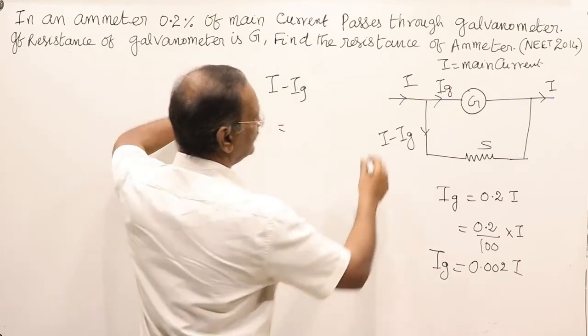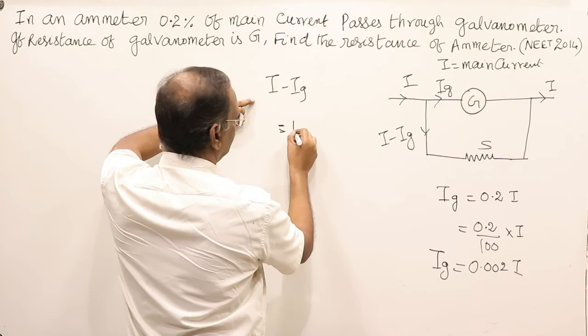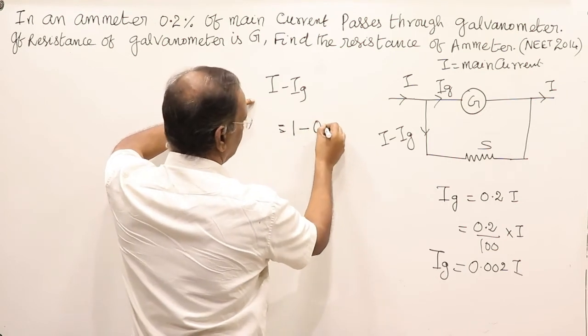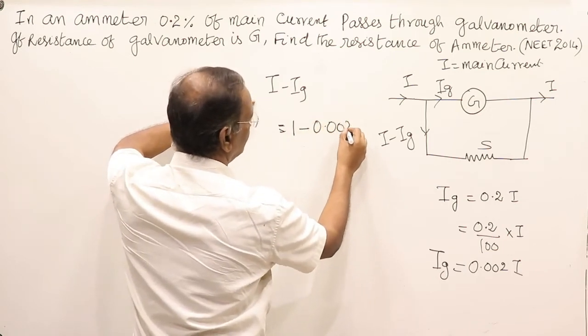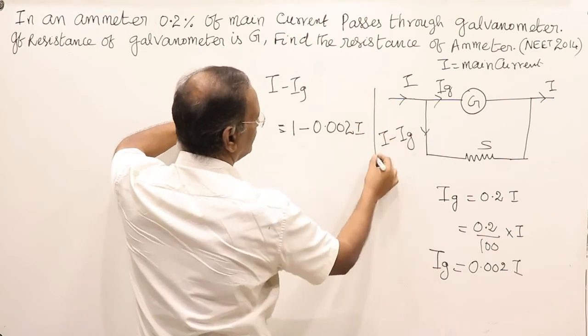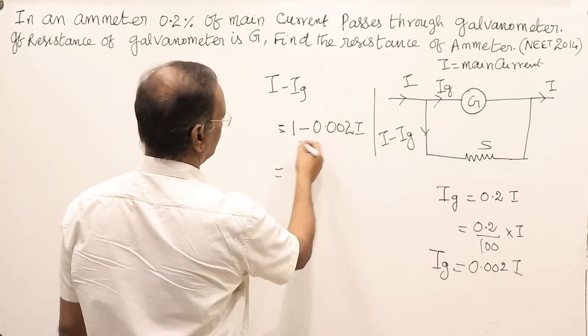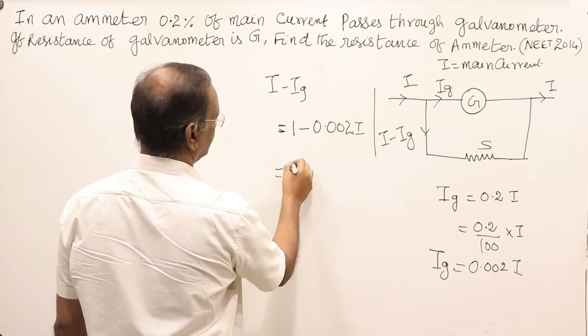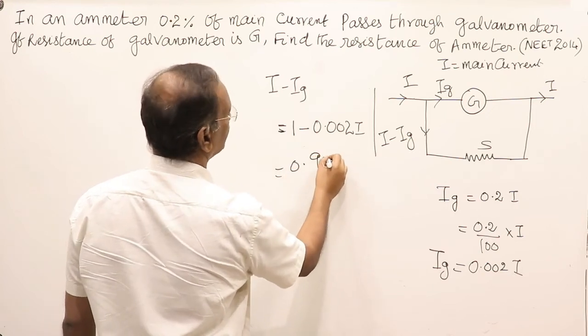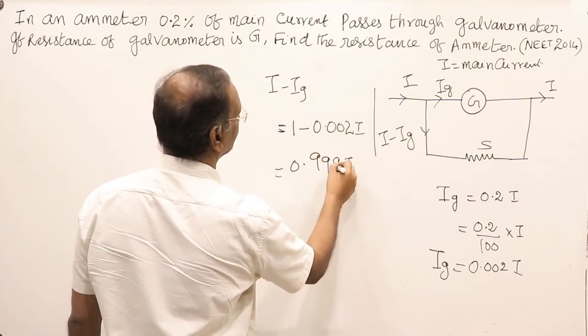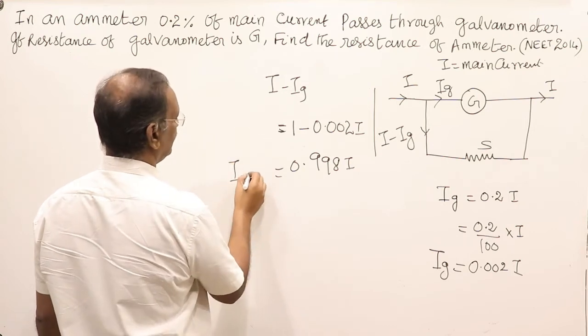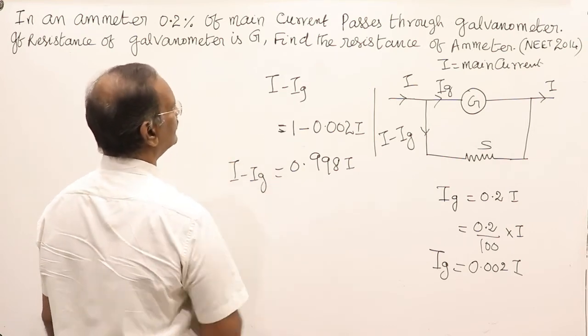I is 100%, that is 1 minus 0.002 I. On subtracting this, it becomes 0.998 I. So I minus Ig is equal to this much.